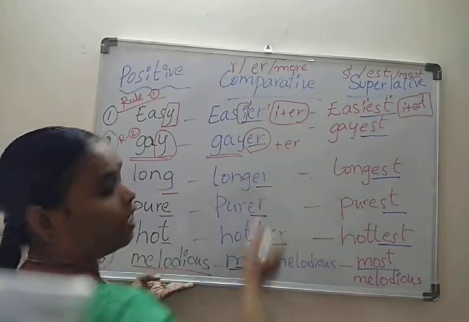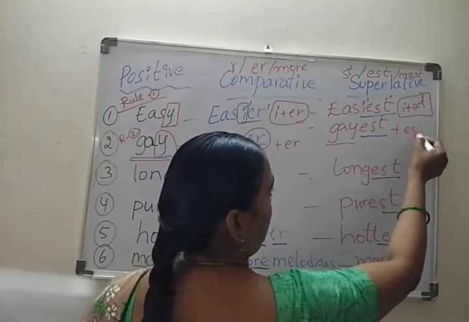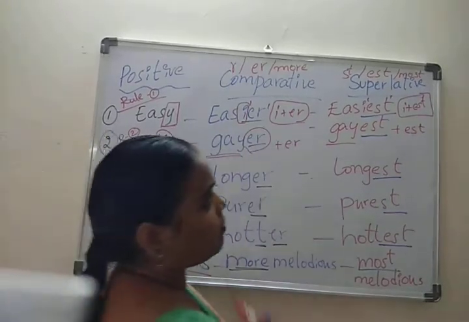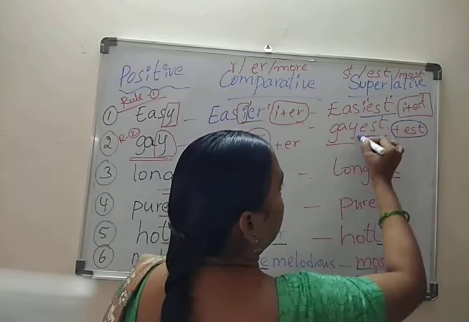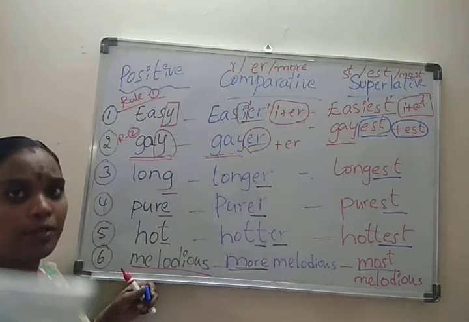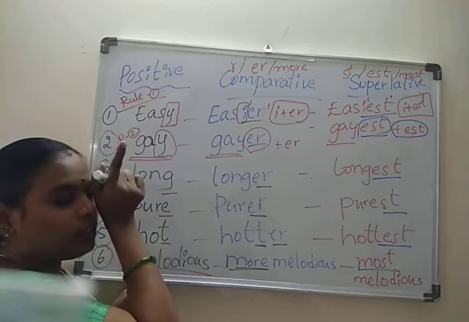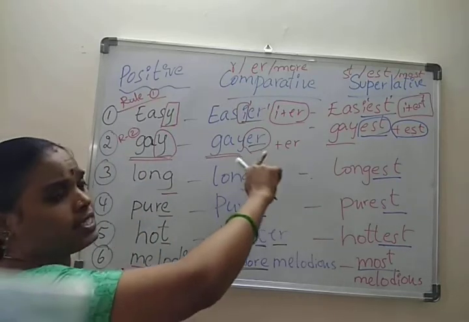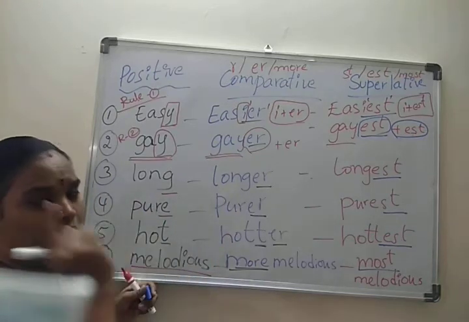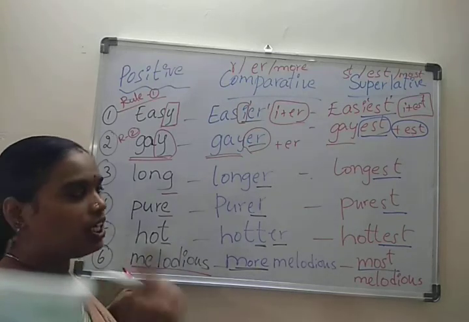So plus ER only. Gay plus EST only. This is rule number 2. The first rule: if the ending is a consonant sound, I plus ER, I plus EST. Whenever it is a vowel, the same word plus ER in comparative, the same word plus EST in superlative.